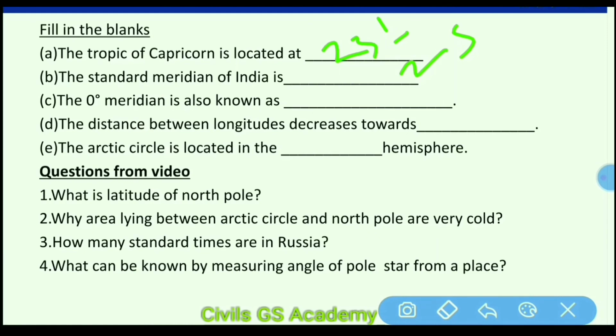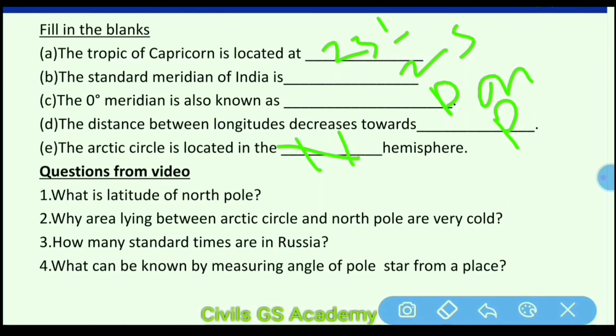It is the prime meridian. The distance between longitudes decreases towards the pole. At the pole, all the longitudes meet. The Arctic Circle is located in the Northern Hemisphere.